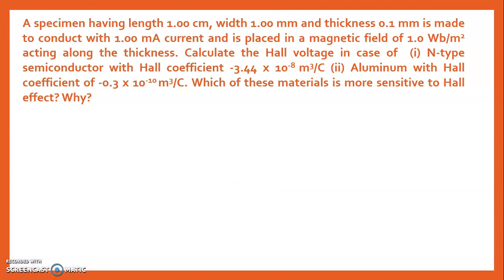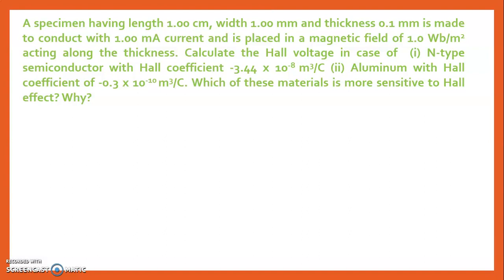Next numerical. A specimen having length 1 centimeter, width 1 millimeter, and thickness 0.1 millimeter is made to conduct 1 milliampere current and is placed in a magnetic field of 1 Weber per meter square acting along the thickness.